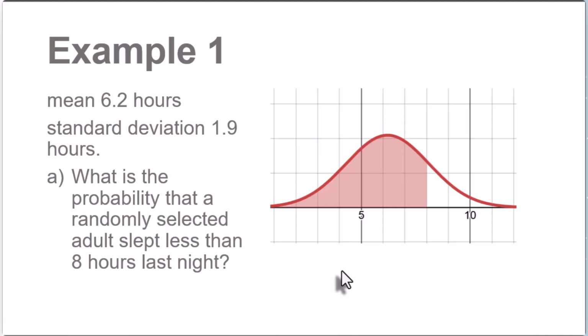Get a sense of what kind of answer we're expecting just visually, and that can help make sure that you're getting the right answer when you do the calculation. So based on this picture, because we're looking at area to the left of a number higher than the mean, this should be more than 50% because we have more than half of the area under the curve.